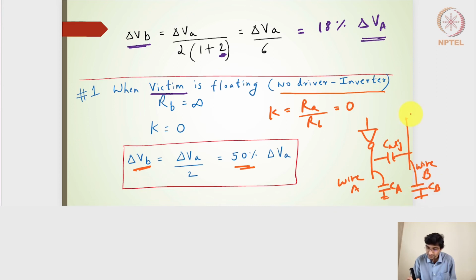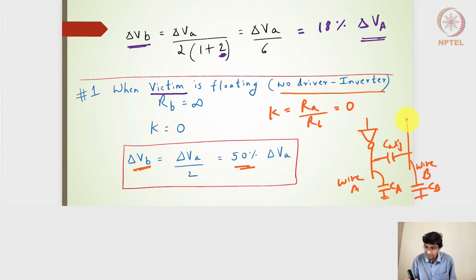If it is not driven by any inverter circuit or any logic gates here, then the voltage due to the change on the wire A side, which is driven by this particular inverter, turns out to be 50% of the delta VA.